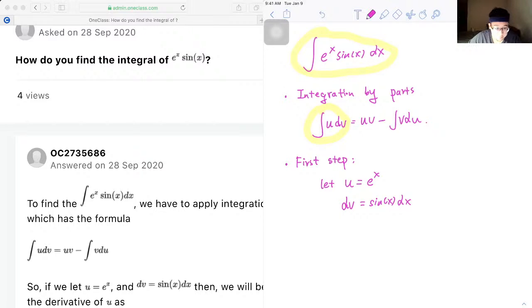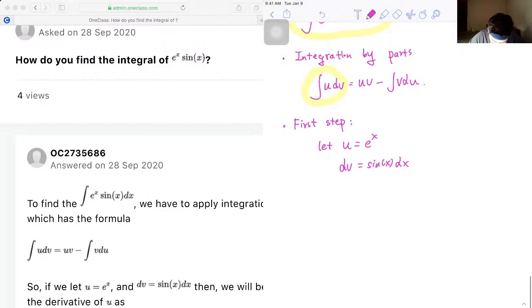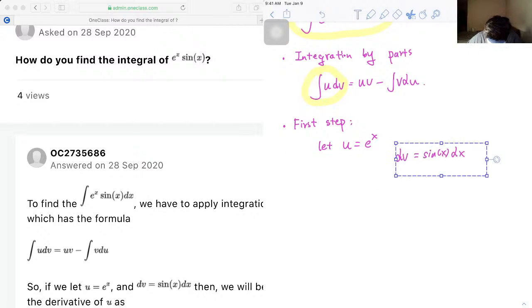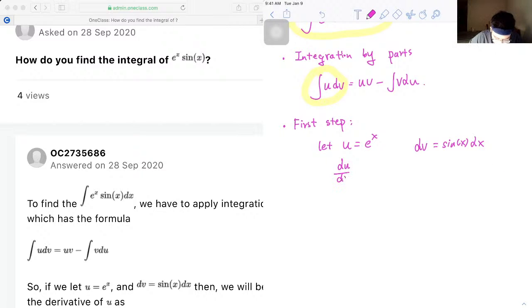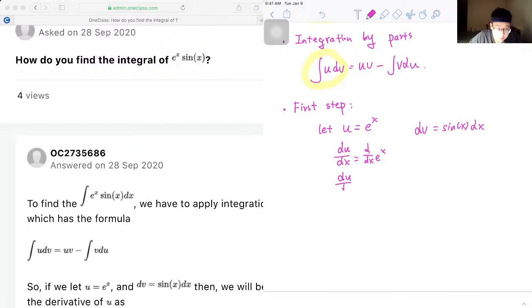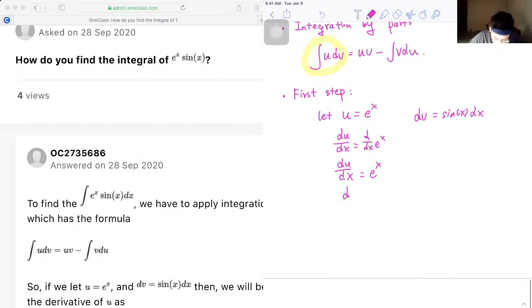Then we just need to get the derivative of u. So du/dx will be equal to d/dx of e^x, and du/dx will be equal to e^x, so du will be equal to e^x dx.